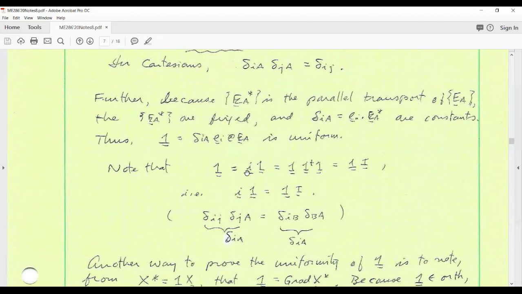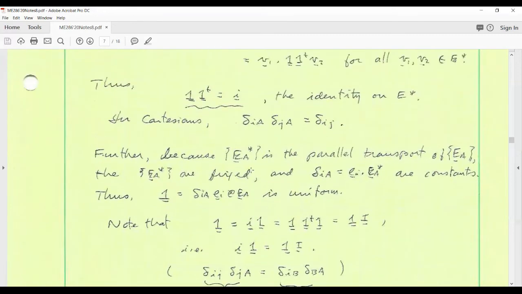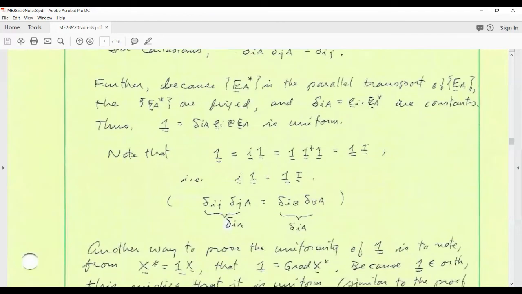So you can write the shifter as the spatial identity, small i, associated with the vector space E star, times the shifter. The spatial identity, on the other hand, is the shifter transpose. And if we group terms here, the shifter transpose times the shifter is the referential identity. So we can conclude that the spatial identity times the shifter is the same as the shifter times the referential identity.